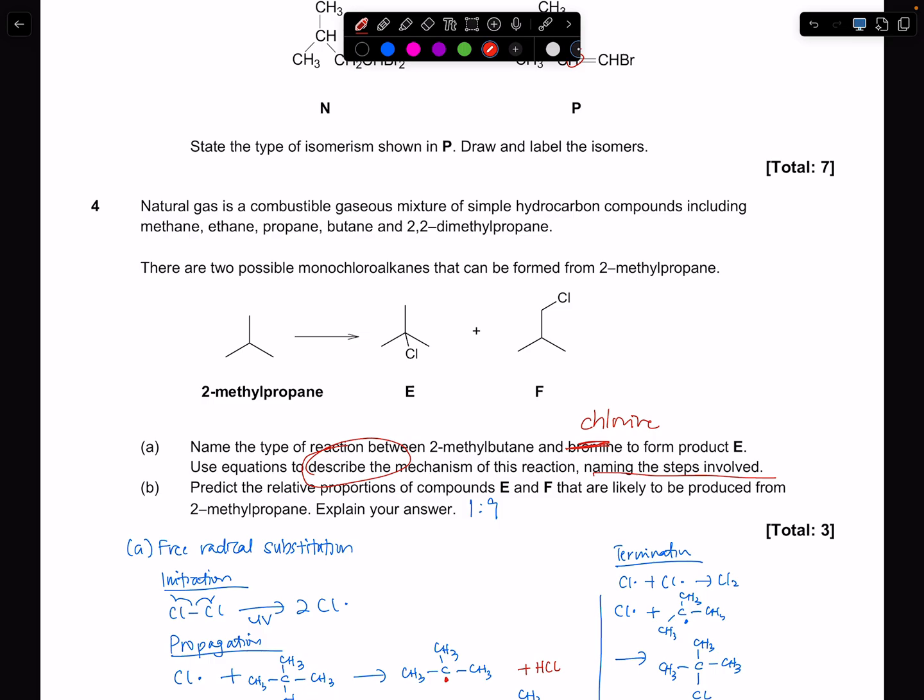Then this collides with itself. This is all the possibilities of the different radicals meeting each other. So 6, 1, 2, 3. Yep, well done.